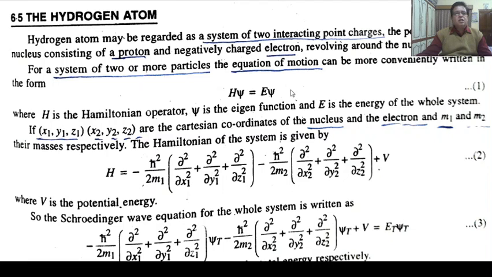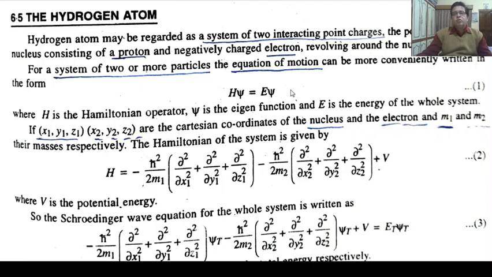The positively charged nucleus consisting of a proton and a negatively charged electron revolving around the nucleus. Okay, nucleus. There is not just a proton, there is a nucleus consisting of a proton. That means one is the nucleus, the second one is the electron.